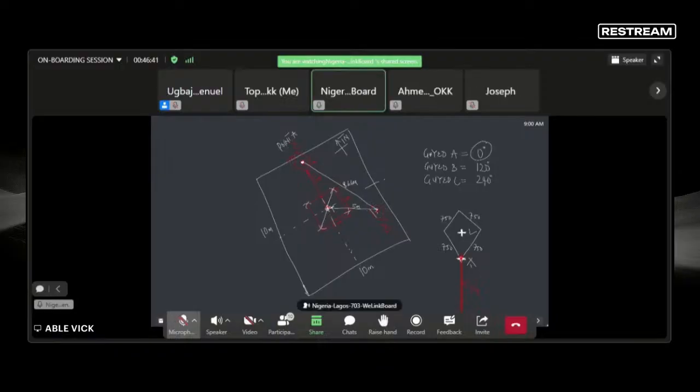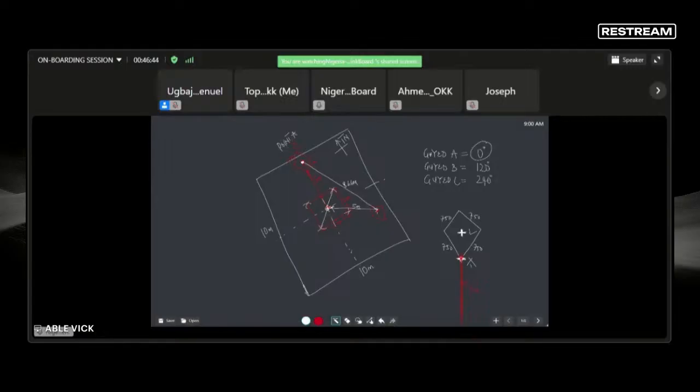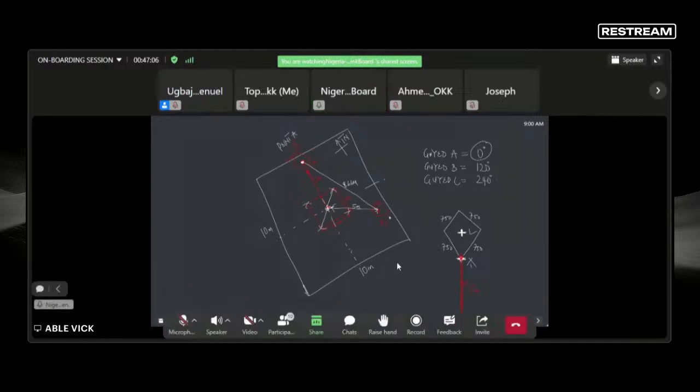So if you are setting out your base plate at point B, you should be having something like this. I'll call this point B. This is the middle still. 1.1 meter by 1.1 meter. Who does not understand how we get point B?